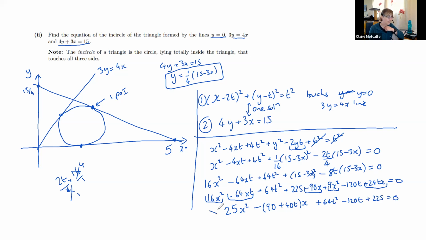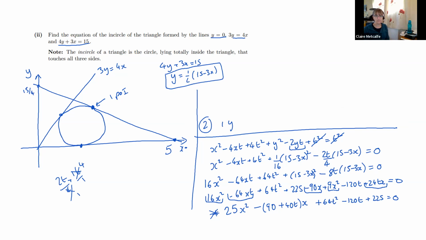Okay, so this is a quadratic equation. We want the quadratic equation to only have one solution. So what we actually want is we want the discriminant to be equal to 0. So we want b squared minus 4ac equals 0. Or if you prefer, b squared equals 4ac.